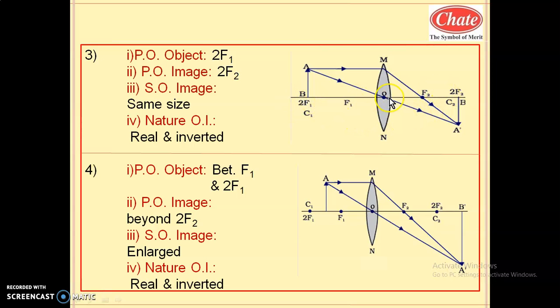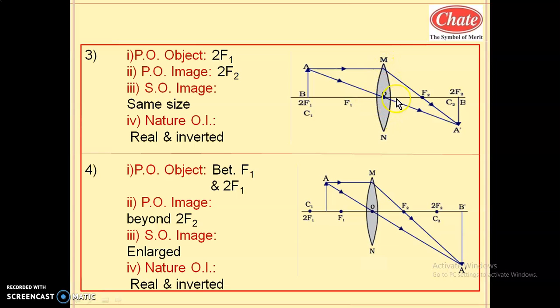Now take the compass. If this distance is 6 centimeter, you have to maintain the distance in the compass slightly more than 6 centimeter. It may be 6.2, means 6 centimeter and 2 millimeter. If it is just 4 centimeter, you have to maintain in the compass a distance slightly greater than this. Place the compass here, keeping the pointed edge here and the pencil to this side, and draw an arc.